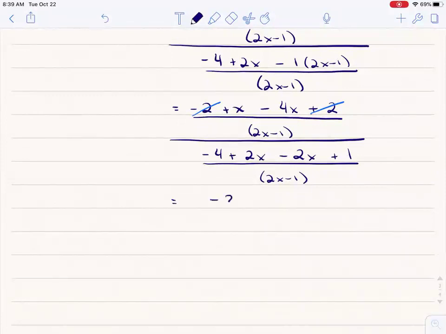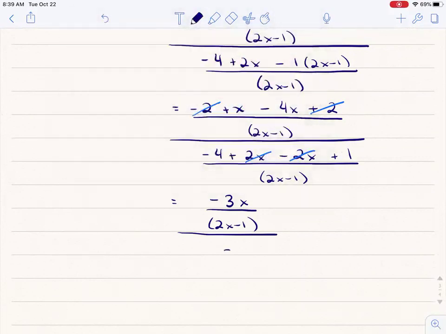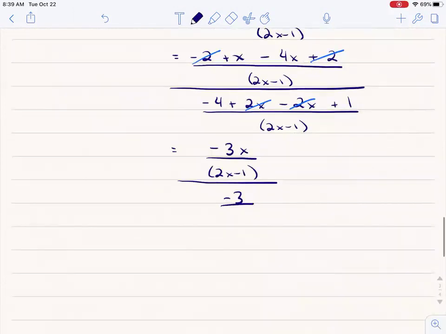We've got negative 3x over 2x minus 1. And then down here, we've got 2x minus 2x, so that's going to go away. And then we've got minus 4 plus 1, so minus 3. Negative 3 over 2x minus 1.